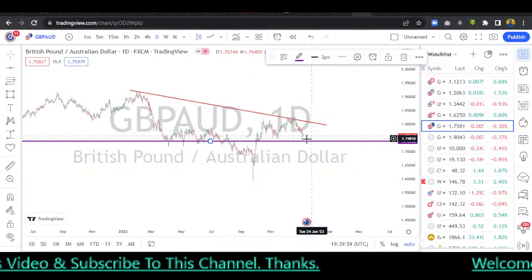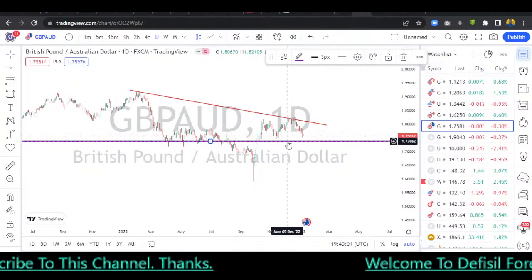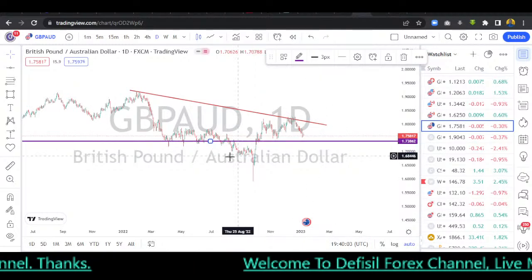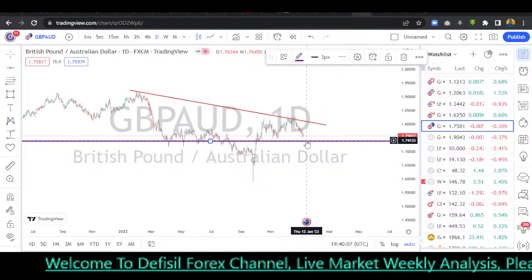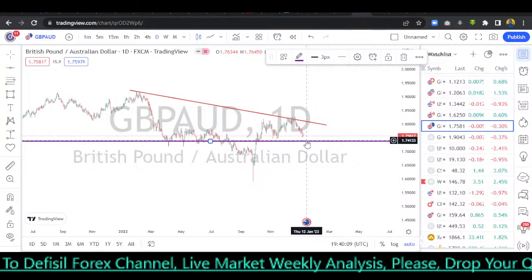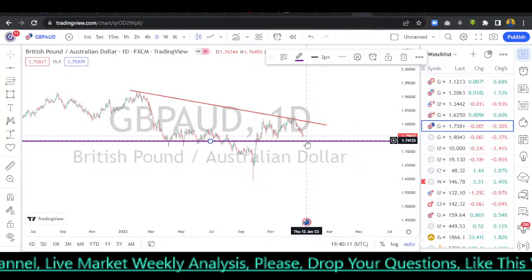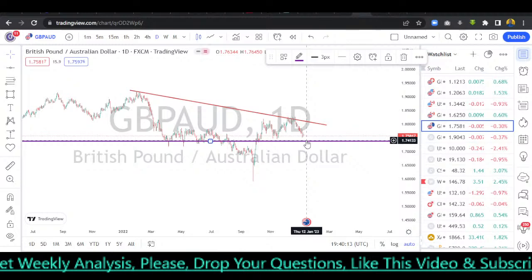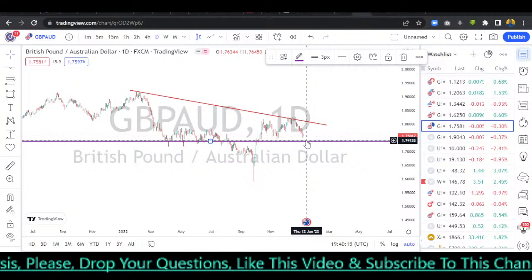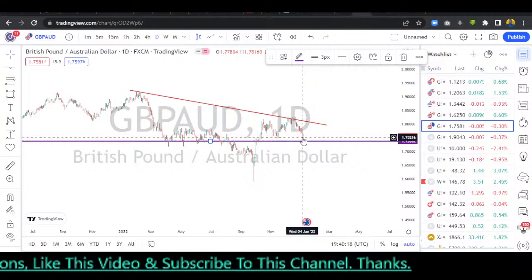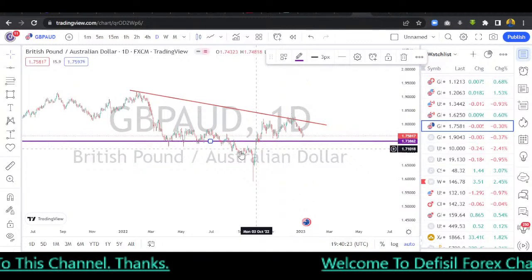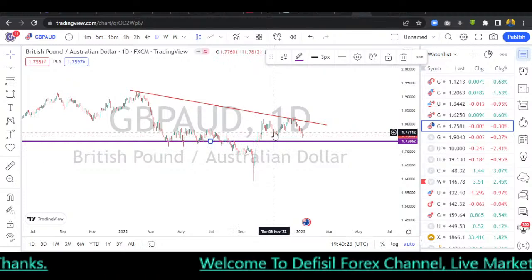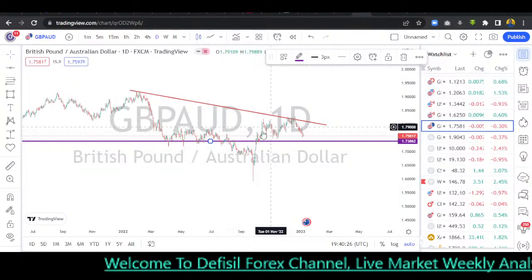This market is in a downtrend. All we should do is expect this market to come to this point for us to consider our next move. However, this market is also behaving as if it wants to break this point, where we have a purple line, by this first move.